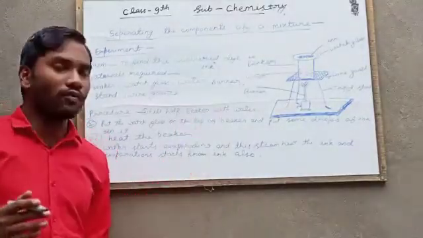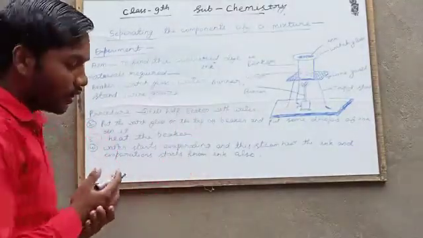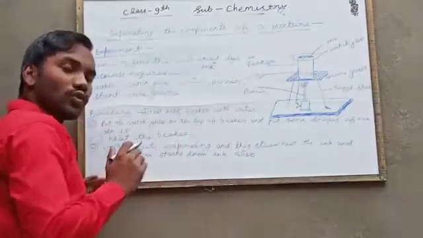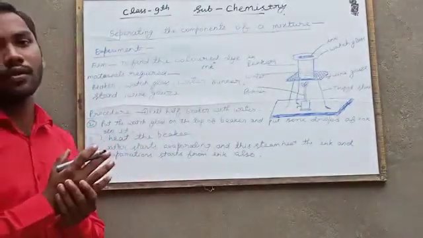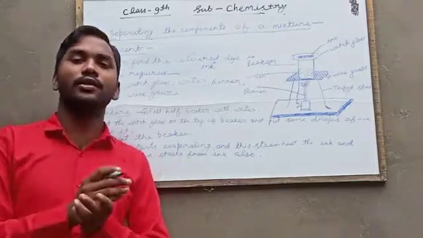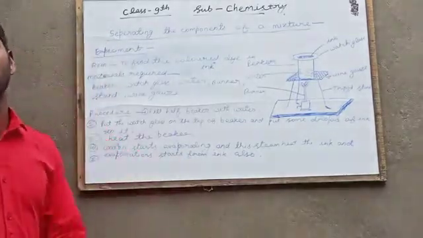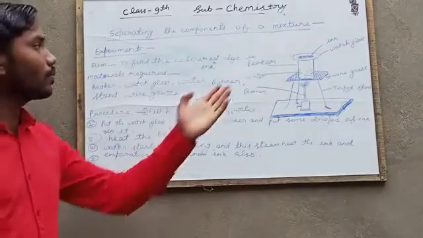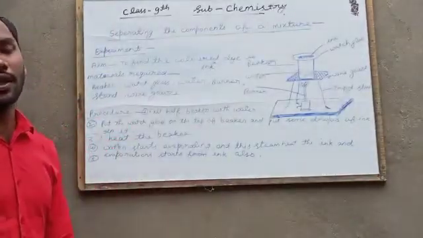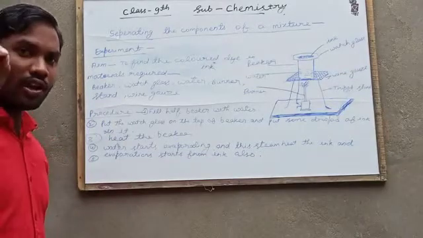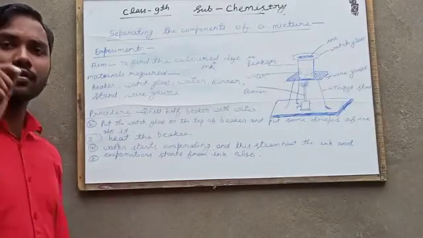So the water part of the ink will change into vapor. Heat it until the evaporation from the ink ends, that is, until the evaporation stops from the ink.